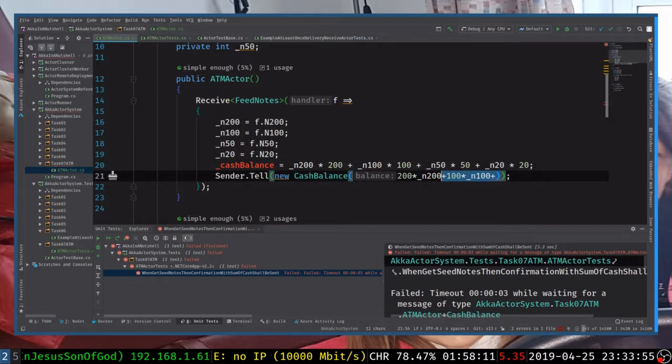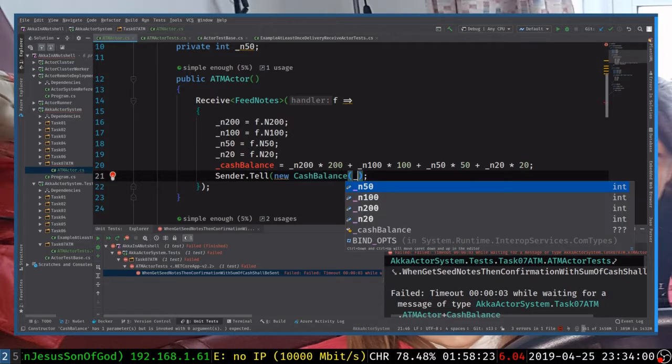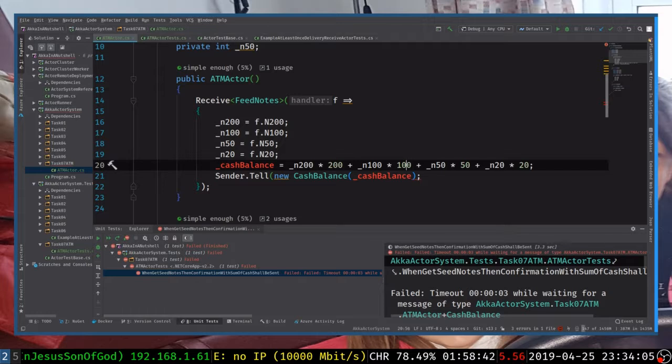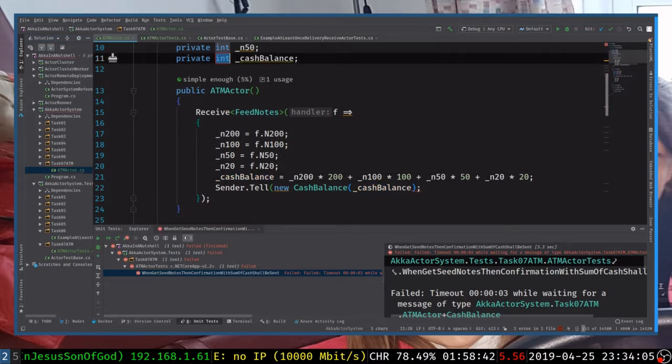In this case, we can scrap this and say cash balance. So we need to create this field, and also we need to close the bracket.